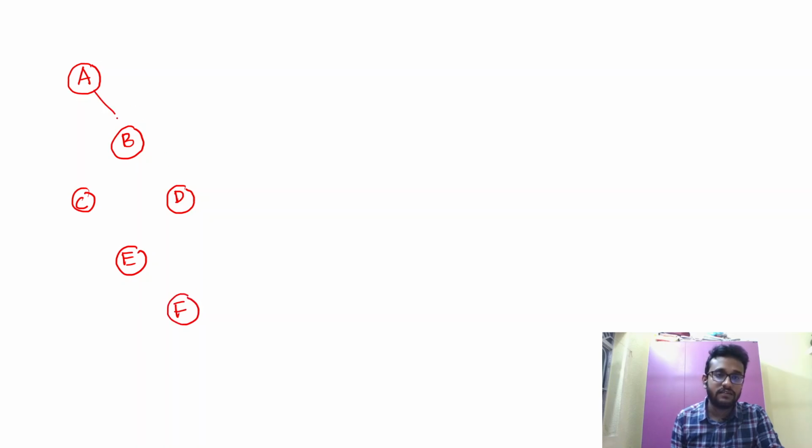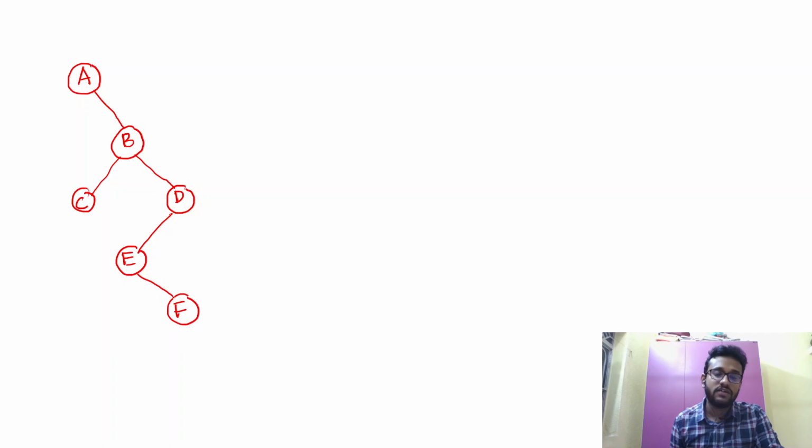If I have a tree something like this: A, then we have B, then C, then D, then E, and F. If a tree is given something like that, then what is the pre-order, what is the post-order, and what is the in-order?